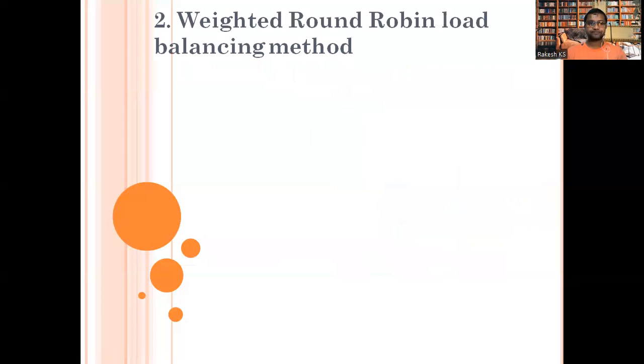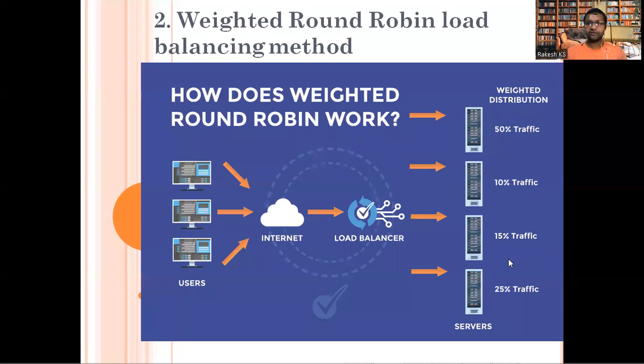Next is the weighted round robin load balancing method. Here, the administrator assigns a specific weight to each application server based on criteria. So the relative traffic handling capacity of each server is considered, and the server with the highest capacity gets more traffic.